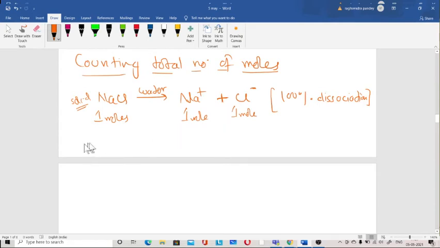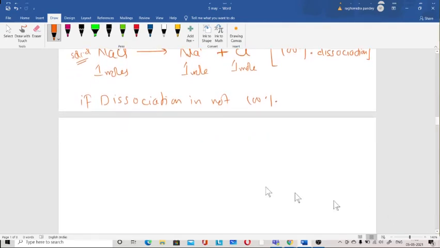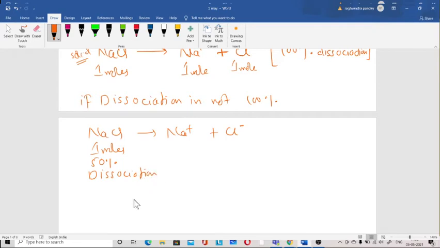Now suppose dissociation is not 100%, then what will happen? Suppose we take NaCl again and it dissociates into Na plus and Cl ion. We take 1 mole and 50% dissociation.